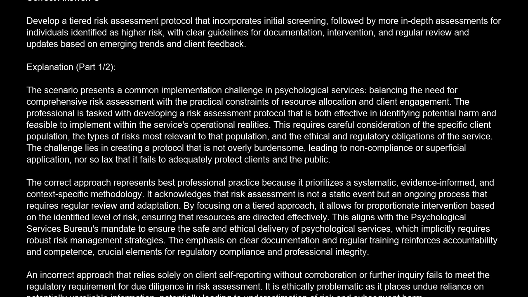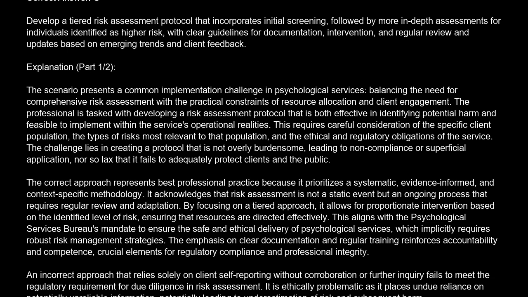The correct approach represents best professional practice because it prioritizes a systematic, evidence-informed, and context-specific methodology. It acknowledges that risk assessment is not a static event, but an ongoing process that requires regular review and adaptation. By focusing on a tiered approach, it allows for proportionate intervention based on the identified level of risk, ensuring that resources are directed effectively.